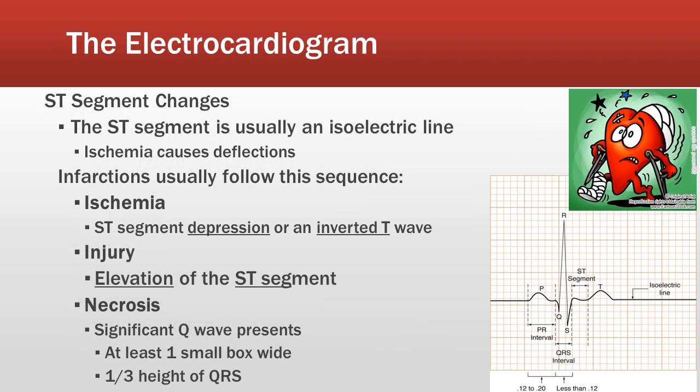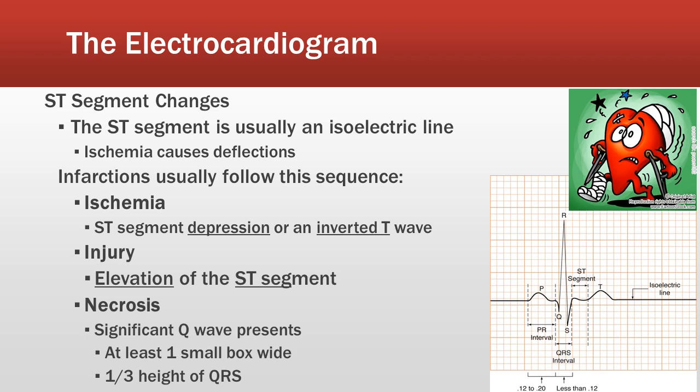ST segment changes. ST segment changes can detect ischemia, injury or infarct, and necrosis. If we see ST segment depression or T wave inversion, meaning it's upside down, it means there is some hypoxic heart tissue, or ischemia.